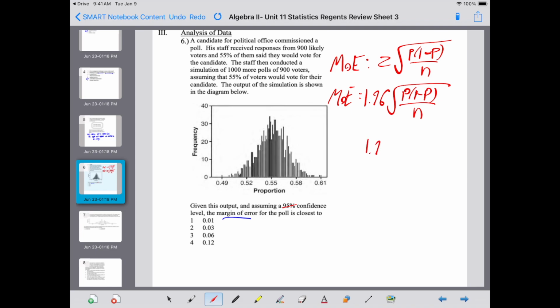So 1.96 times the square root of the percentage, 55%, over the sample size. See responses from 900 likely voters. Don't get confused by the simulation. The simulation, they could add more. So 900 was the sample size. Put this in your calculator. If you're putting this in your calculator, make sure you have parentheses around your numerator.